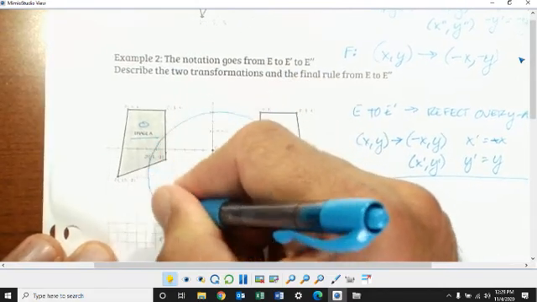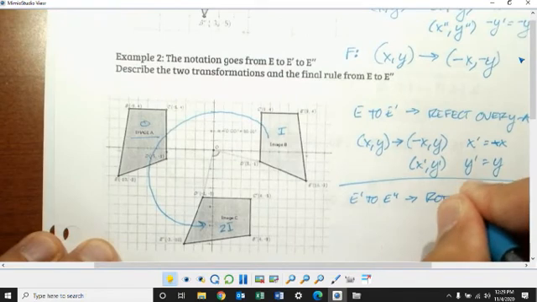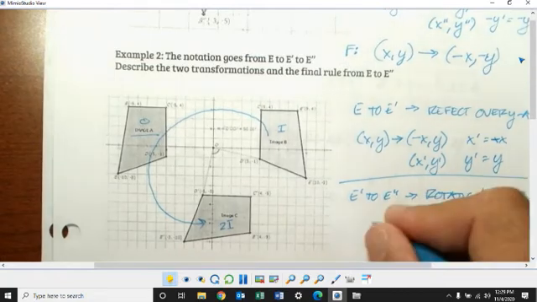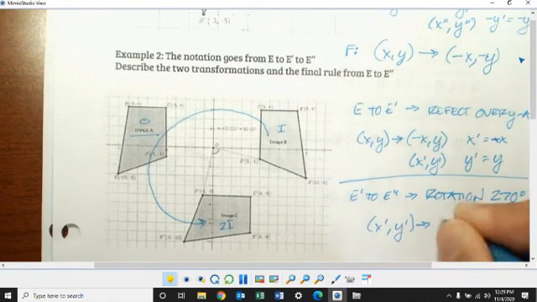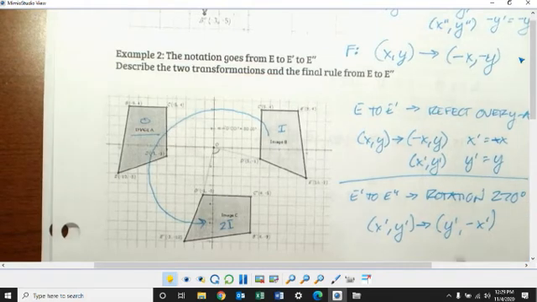So if I go all the way around counterclockwise, this is a rotation of 270 degrees. And our rule for the 270 degree rotation is x prime, y prime becomes y prime, comma, negative x prime. That's our rule: x, y becomes y, negative x.